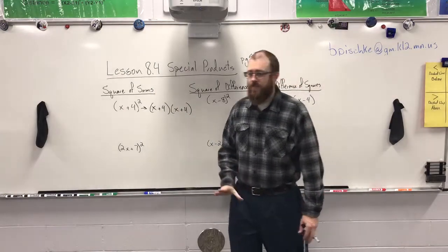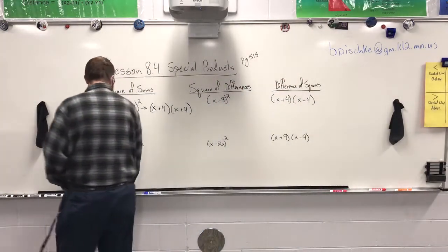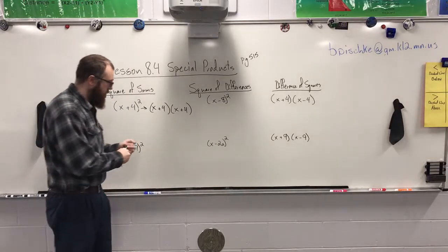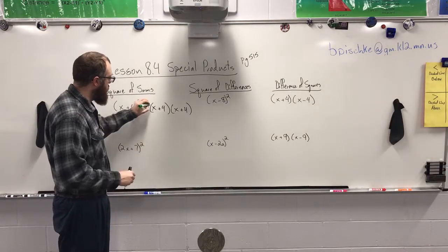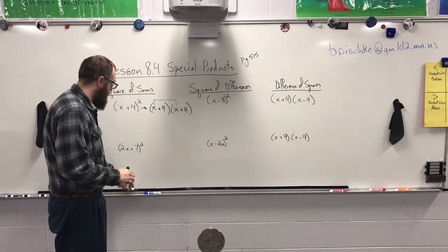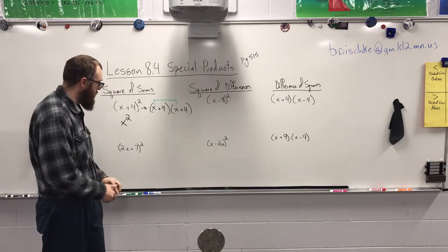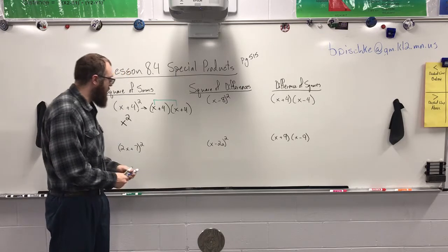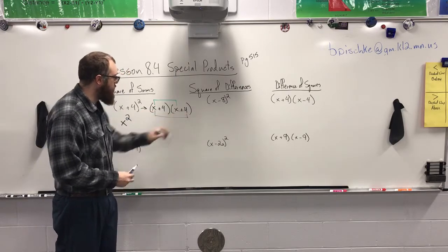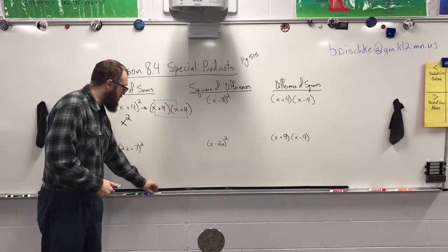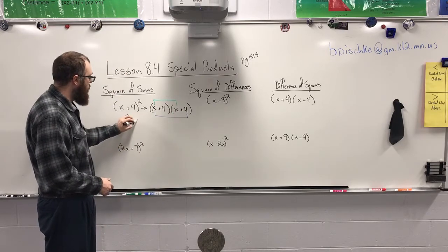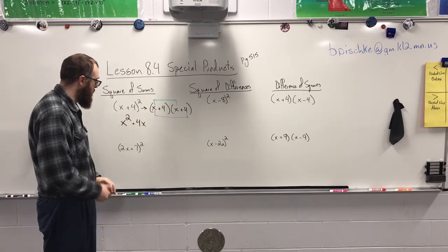Now we can FOIL this out like we would have done otherwise. So our firsts, x times x, gives us x squared. Our outsides, x times 4, gives us 4x.